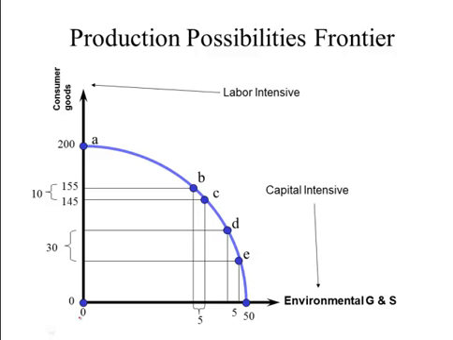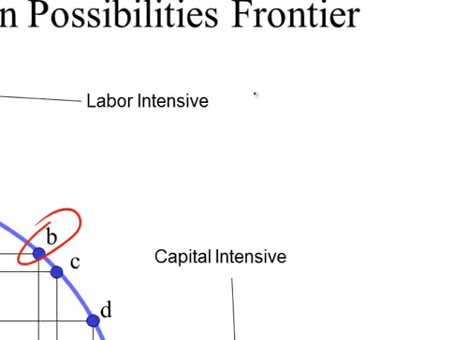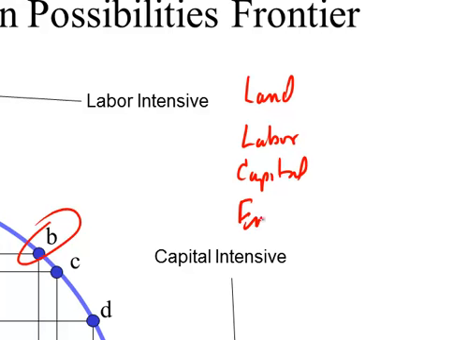Let's suppose that the country is currently operating at point B. Point B is a fairly equal split of resources between producing environmental goods and services and consumer goods and services. And what we're also going to suppose is that we have resources of land, labor, capital, and entrepreneurial skill, all being used to produce both consumer goods and environmental goods.